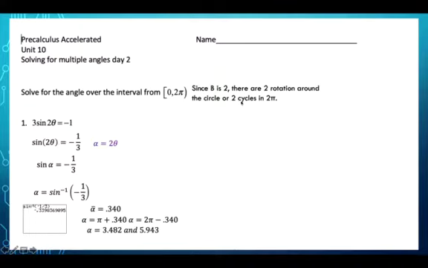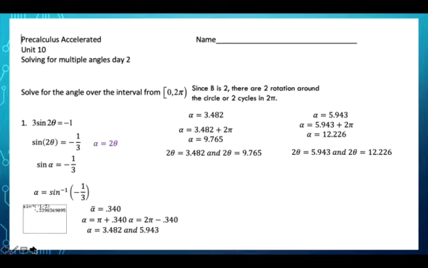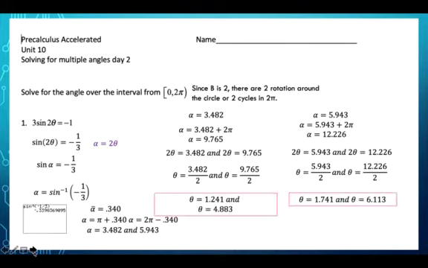Now, because we're going around a second time, I'm going to take these two angles and add 2 pi to each of them. That would be my second rotation. So here are my 4 angles, and I'm going to replace my alpha with my 2 theta, and solve for theta. So we're going to divide everything by 2, and then I'm going to get my 4 solutions stated below.